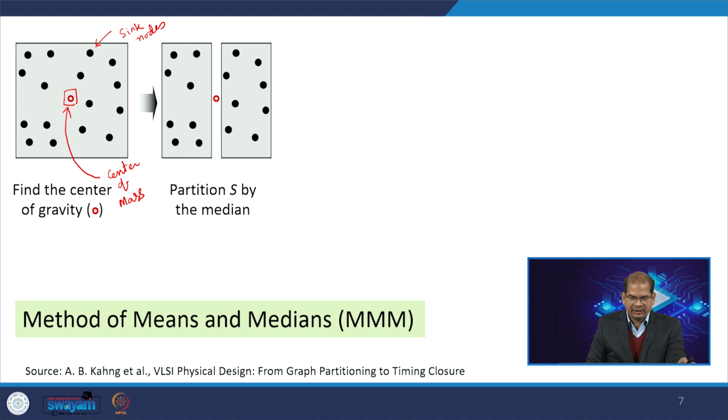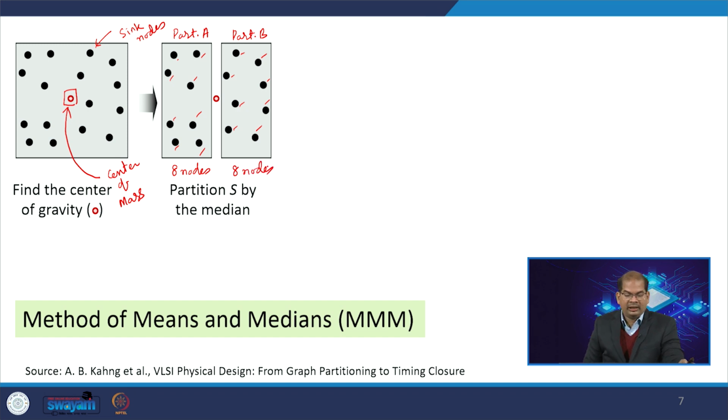Here I have 1, 2, 3, 4, 5, 6, 7, 8, that is 8 sink nodes in partition A. Let us say this is partition A and this is partition B. It also has 1, 2, 3, 4, 5, 6, 7, 8, so 8 sink nodes.